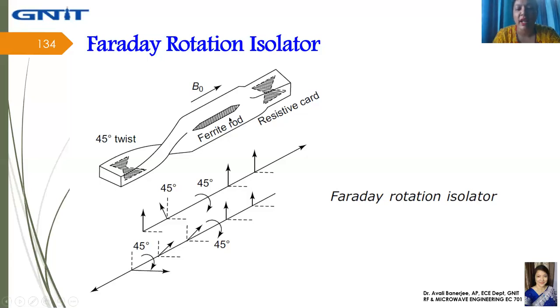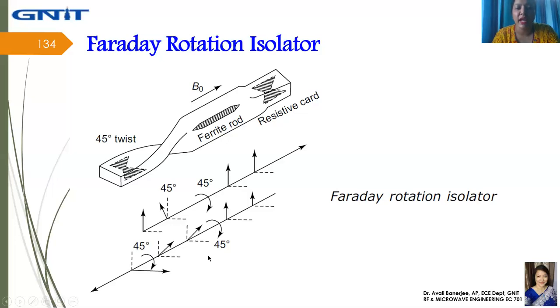The length of the ferrite rod is selected so as to obtain Faraday rotation of 45 degrees. Here we have considered theta as 45 degrees, so the wave at the output regains its original polarization. The plane of polarization of the wave reflected from the load is again rotated by the same angle theta, that is 45 degrees.